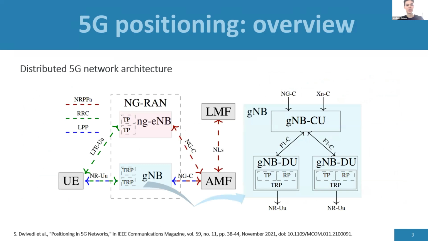Let's also take the network into account, and we consider a distributed 5G network where we have a central unit and some number of distributed units, which are connected with control interfaces and can exchange measurements between each other.